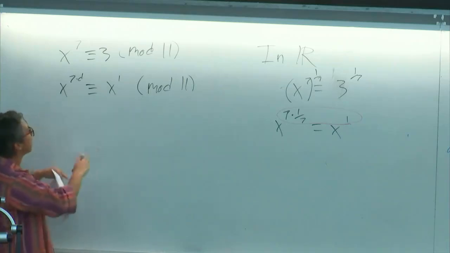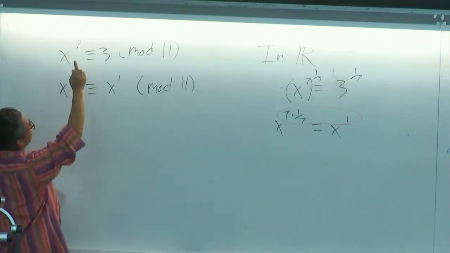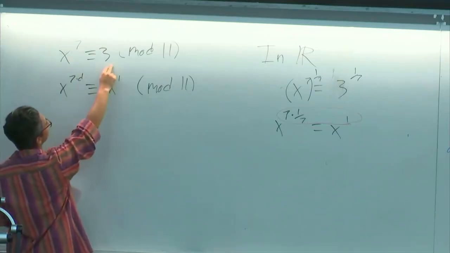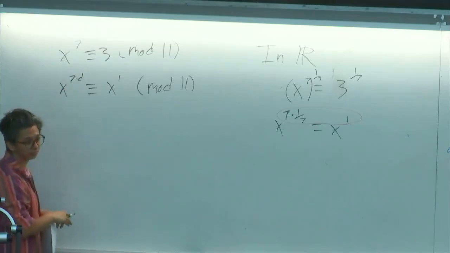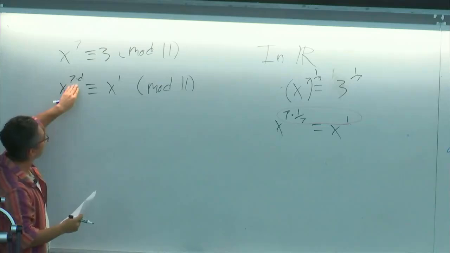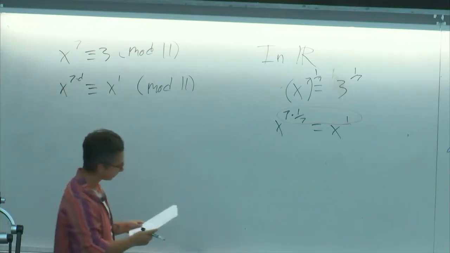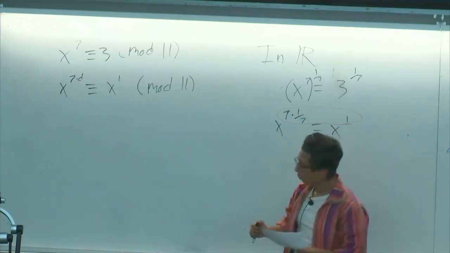If I was able to get rid of the 7 up there, then I could just raise both sides to the d, and I'd get x is congruent to 3 to the whatever d is. So we're dealing with exponents for the first time. How do we do this? That's the question, and we don't really know how to do this yet. But what do we know?